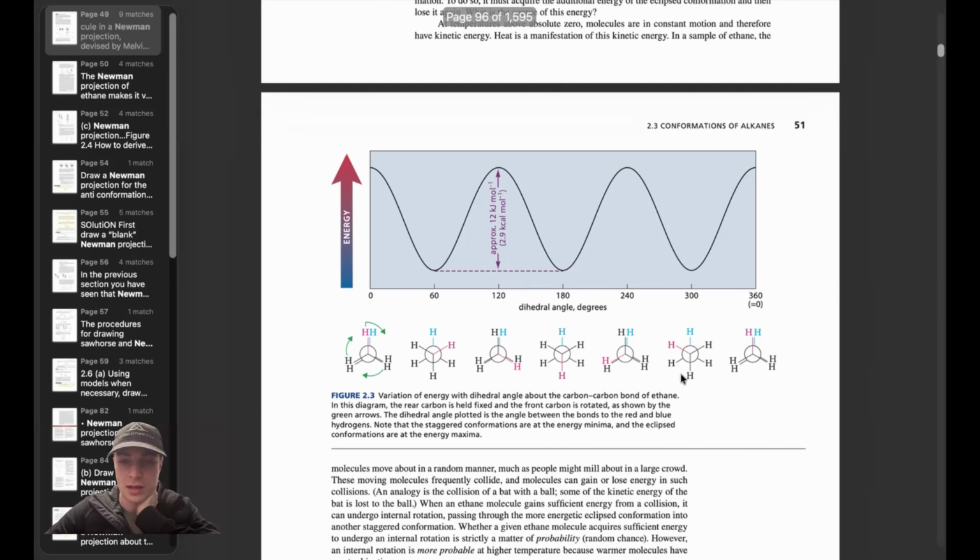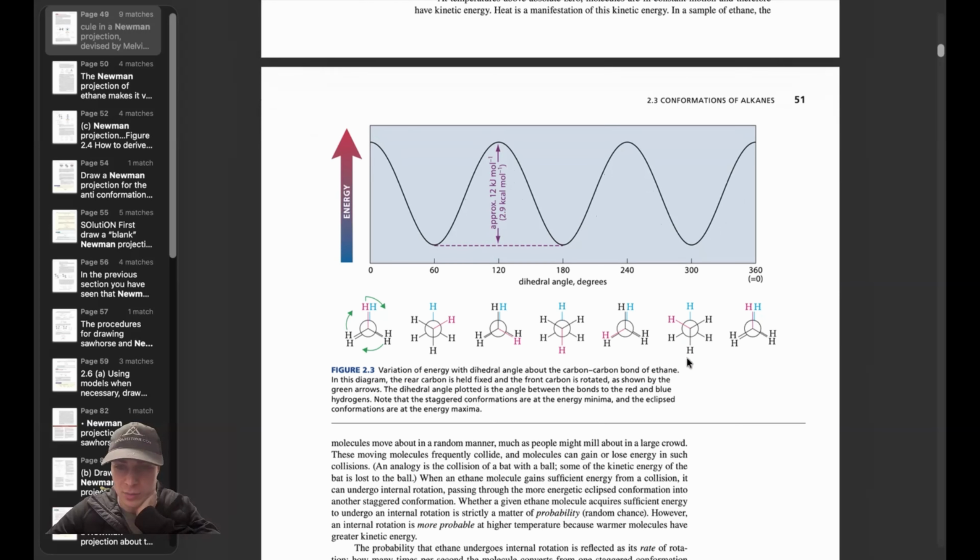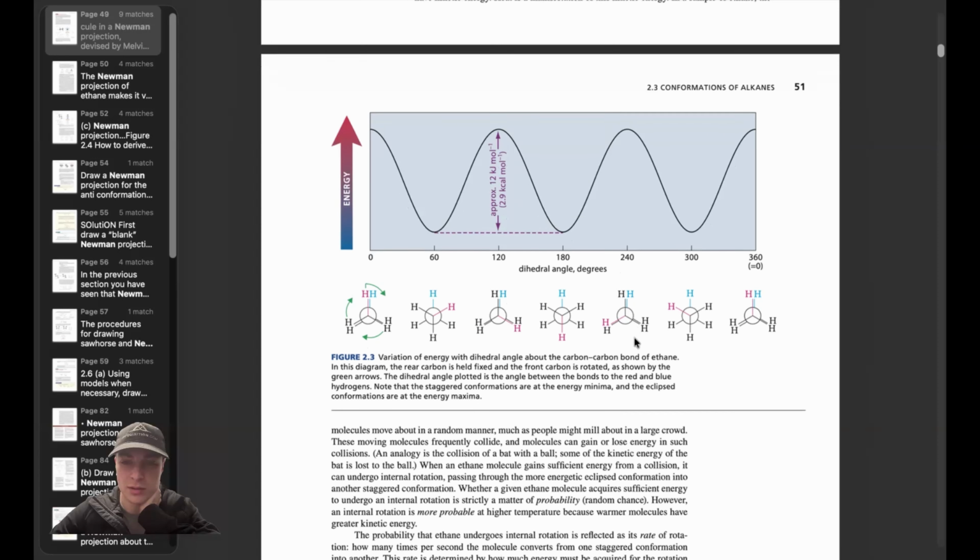Okay, and you can see the Newman projections there, and what we talked about, which is that the point in the middle of the circle represents the front carbon, and you can see the longer lines coming off of it. And then you have the circle, which represents the back carbon, having the shorter lines coming off of it, and then all 6 of the groups are sort of evenly spaced, and you can see that even more in the eclipsed conformation, where they're literally right next to each other, as opposed to one being higher and one being lower.